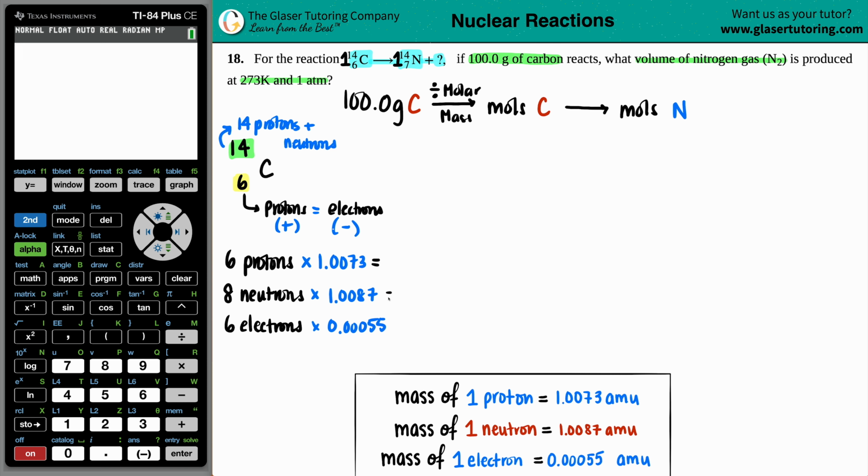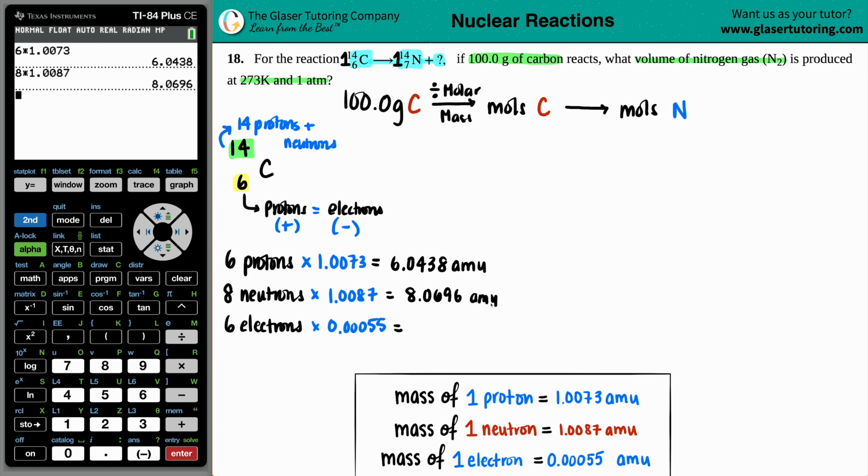So, 6 times 1.0073 gives 6.0438 AMU. Then 8 times 1.0087 gives 8.0696 AMU. And then 6 times 0.00055. So only a small amount is coming from the electrons.